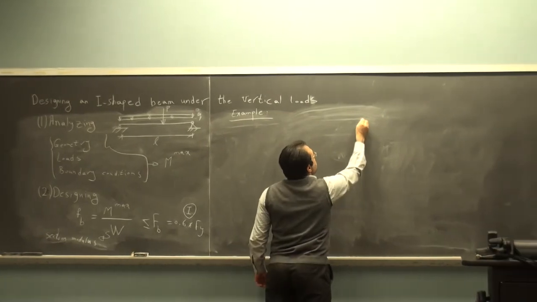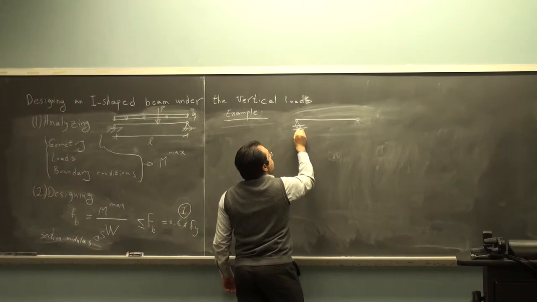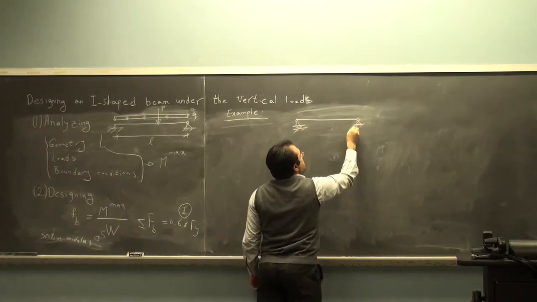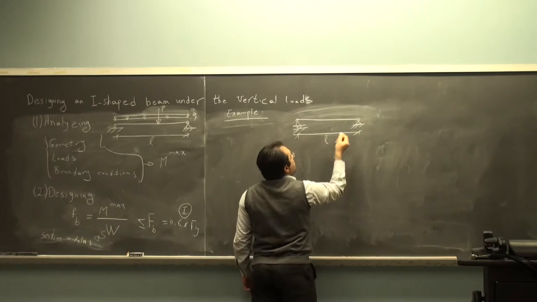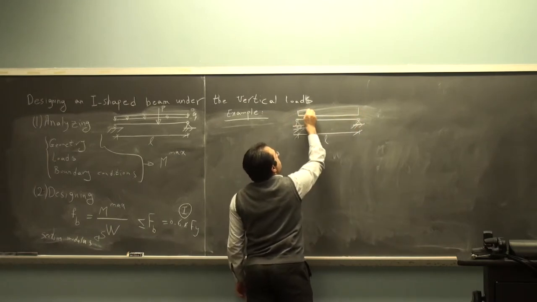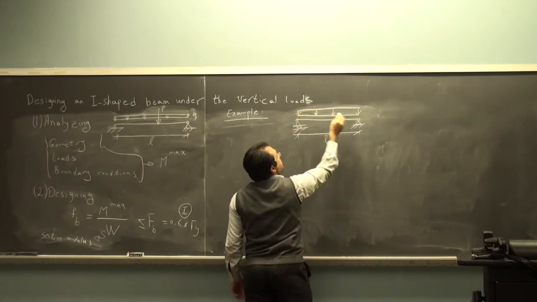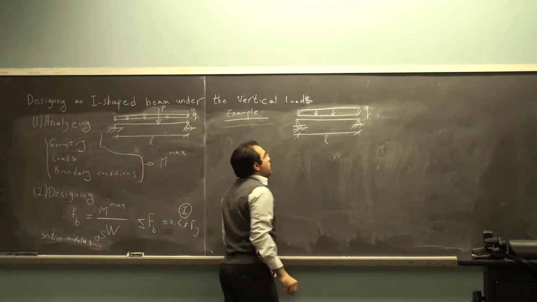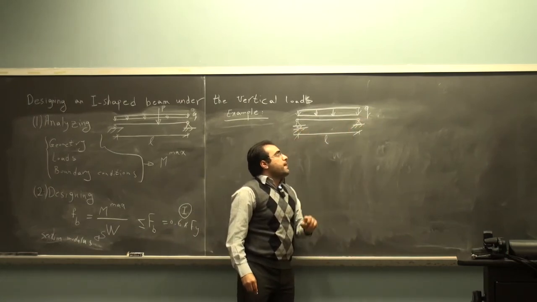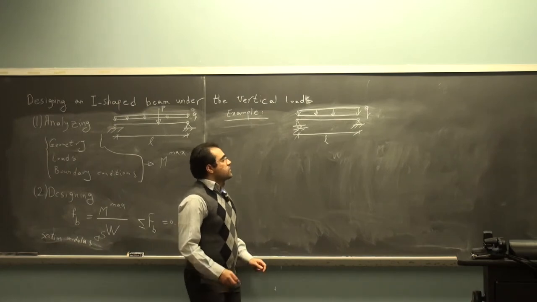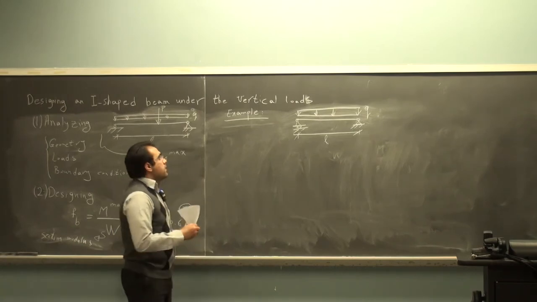Say we have a beam like this, and we have 2 hinge supports at the end, and it has a length of L, and it's under a vertical load that is distributed and uniform and has a magnitude of Q. So now we know the L, we know the boundary conditions, and we know the load that is applied on that. So they are given. So they are the information of the problem.